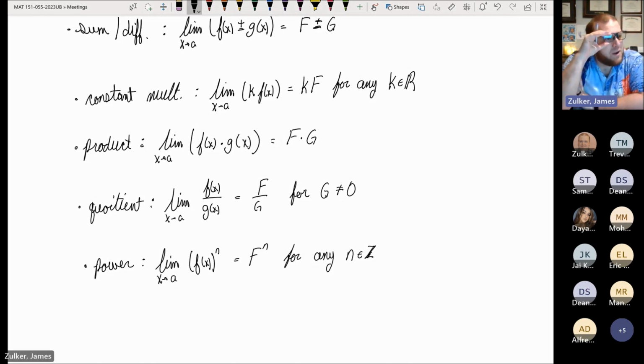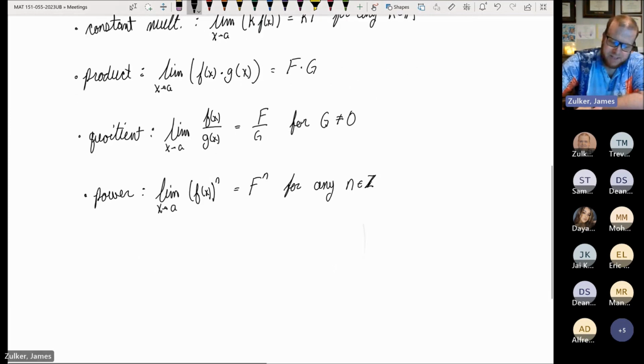In fact, it's going to wind up being valid for any power, under certain circumstances, right? So as long as the limit to that power exists, then you're fine. But we'll discuss that when we discuss continuity.